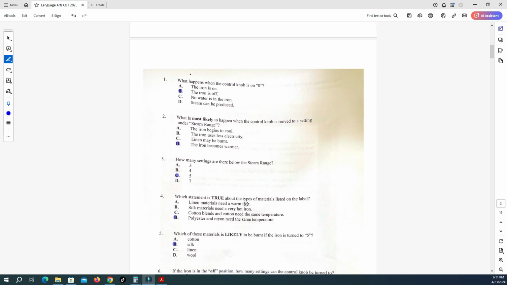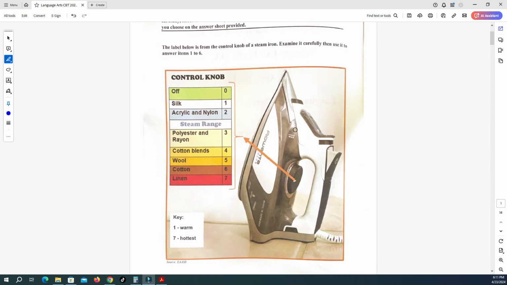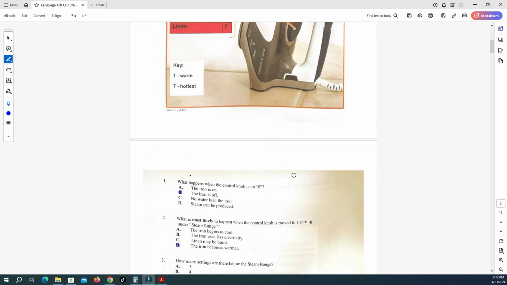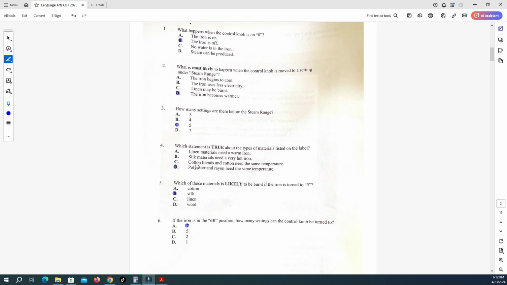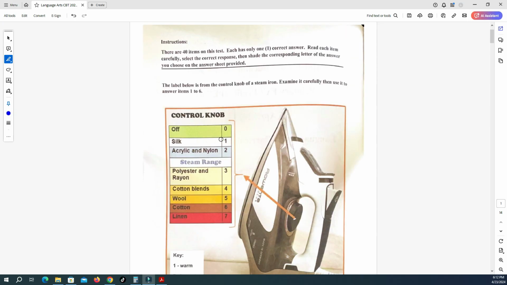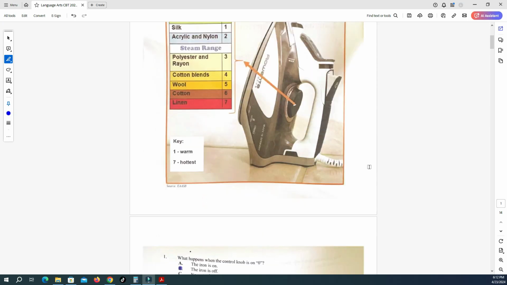Which statement is true about the types of materials listed on the label? A, linen materials need a warm iron. I don't see that. This shows that linen needs the highest, which is hotter. B, silk material needs a very hot iron. Silk, no, that's not true.